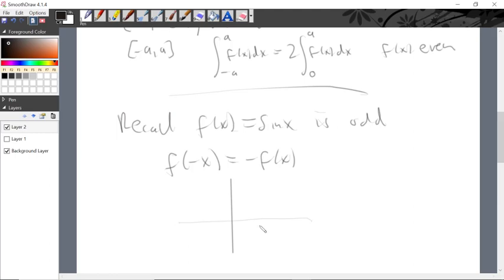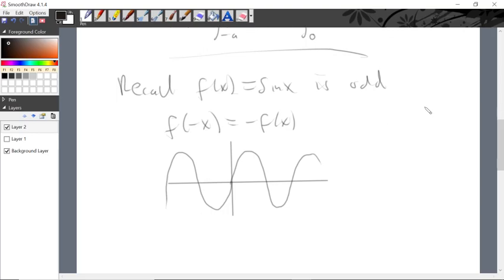All right, take a look at the sine function. So there's our sine function, at least a portion of it, and it continues outward.